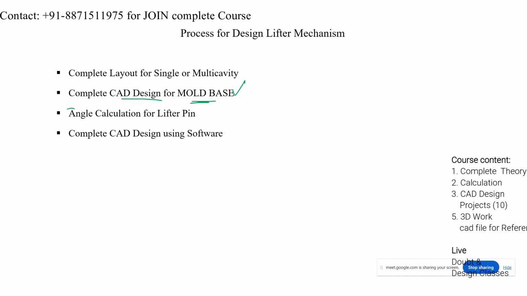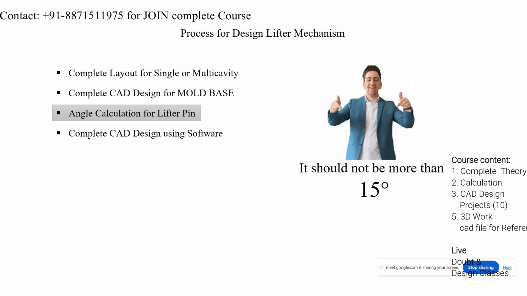Then depending upon the condition, for example, if a component has an undercut, say a 3 mm undercut, we have to take the stroke and the ejection stroke. Depending upon these two parameters, we have to calculate the angle. Understood?